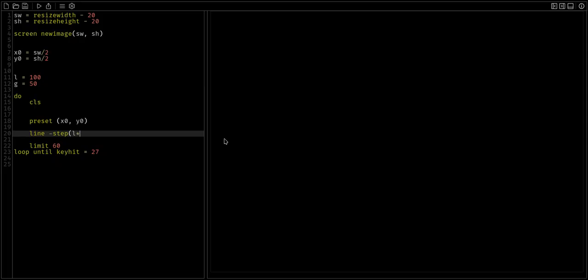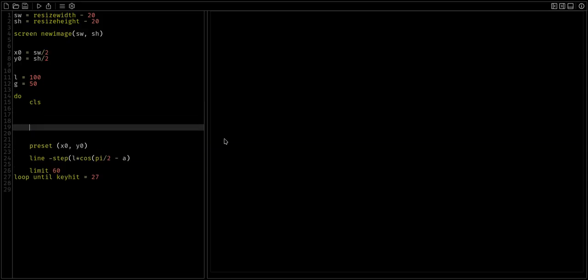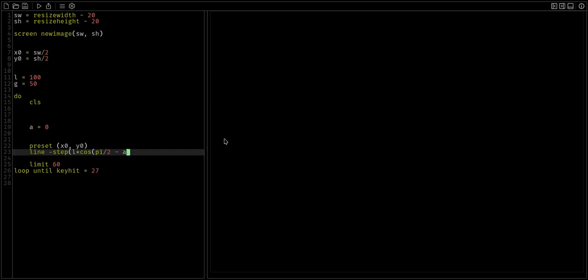L times... so because we don't have the letter theta on our keyboard, we'll use A for angle or alpha, and this will then simply be this kind of structure here, and we'll just circle it in the end.